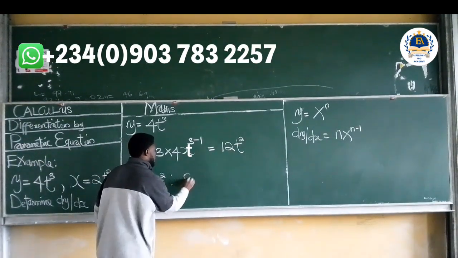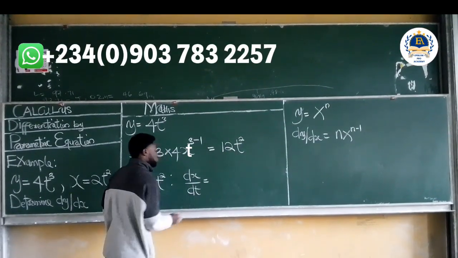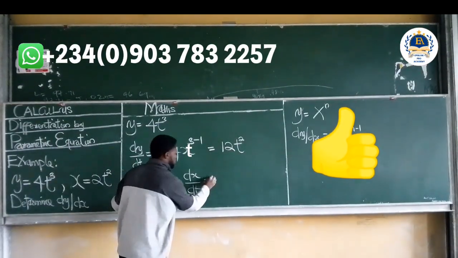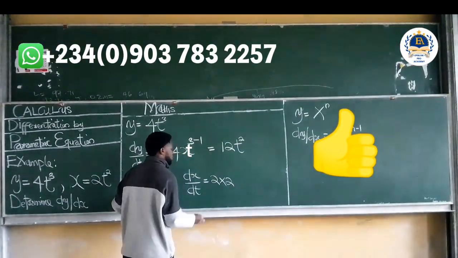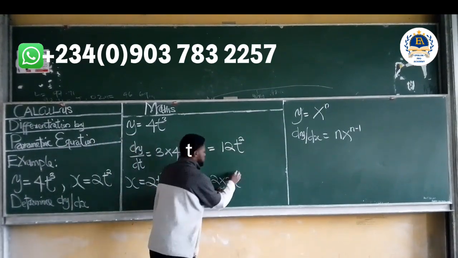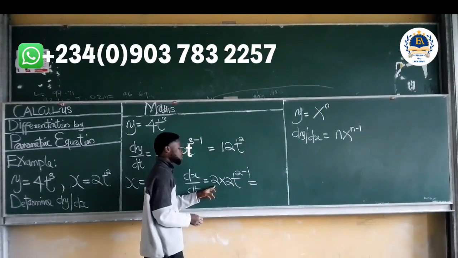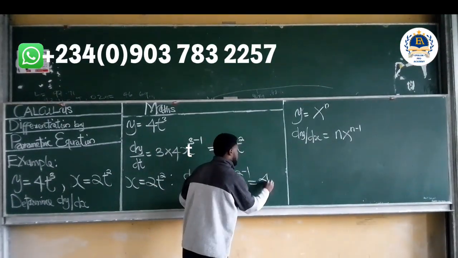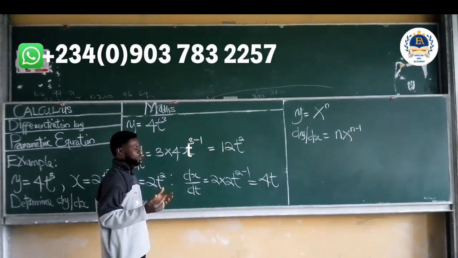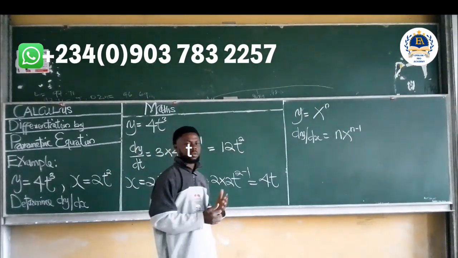Therefore, dx over dt will equal, applying that formula, 2 times 2, t raised to the power of 2 minus 1. So 2 times 2 gives 4, and 4t raised to the power of 2 minus 1 is 1. Let's omit the 1. That is the first step we are going to obtain in parametric equation.